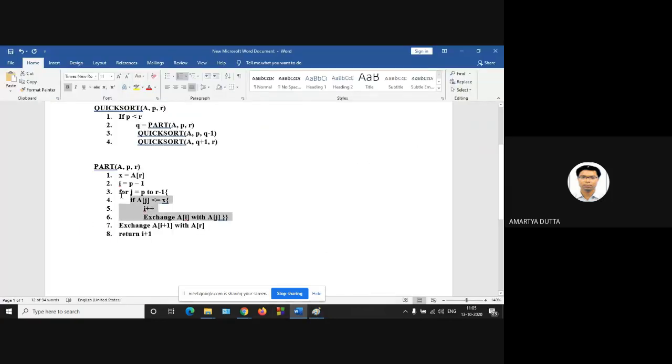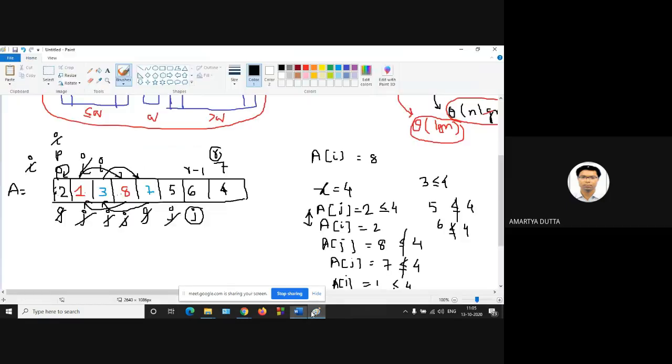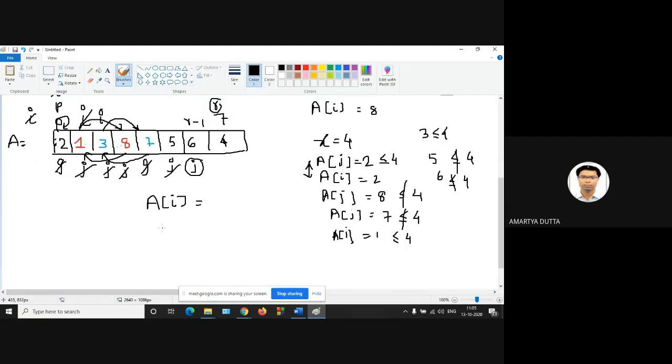So from line number 3 to line number 6 is complete. Now line number 7, exchange AI with AR.